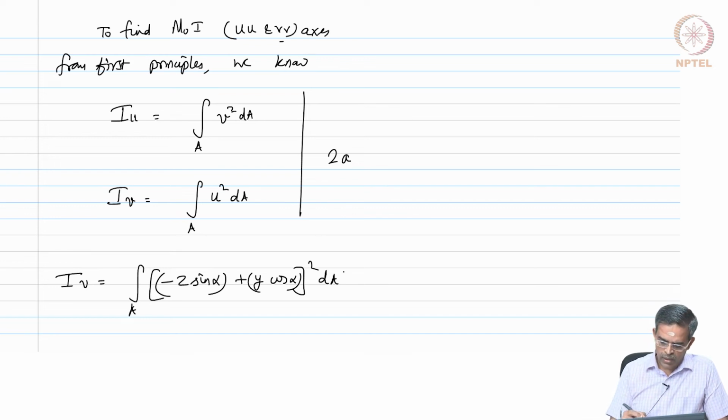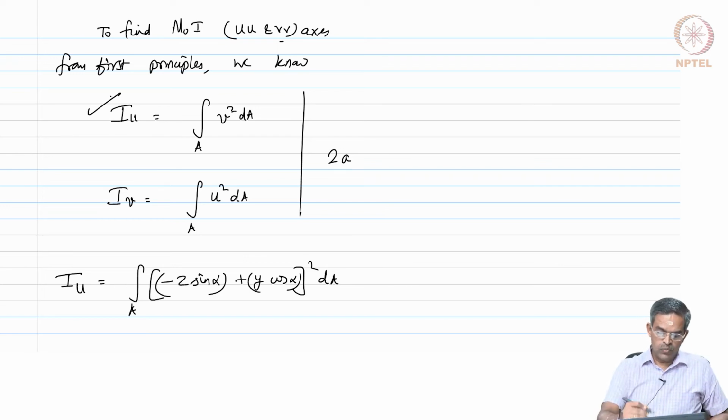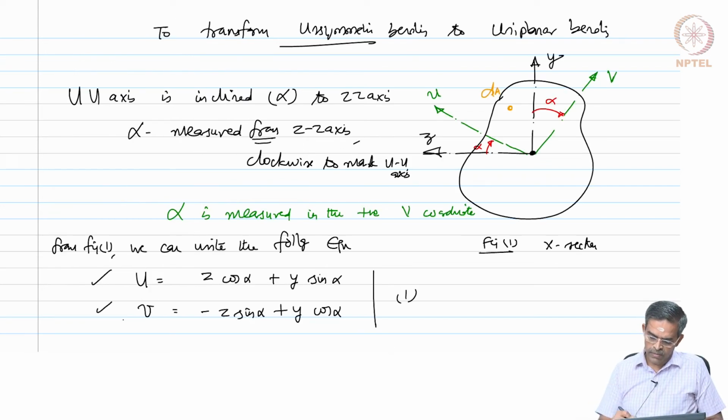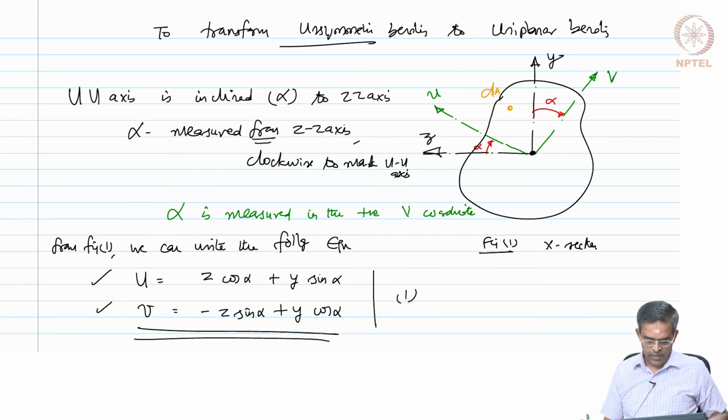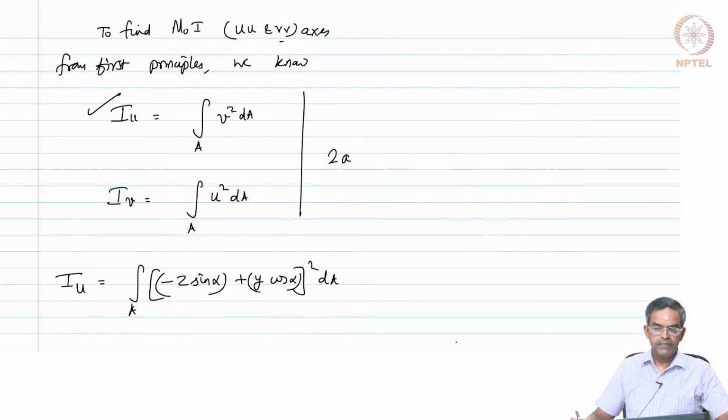So, I am getting Iu. Here I am using this relationship for v. Let us expand this.